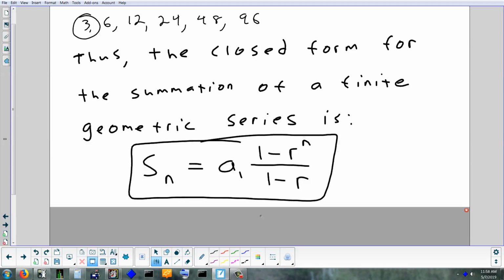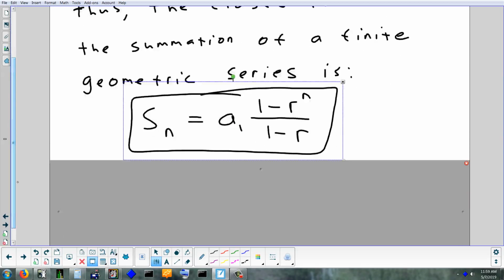So if you want to add up the first n terms, okay, find the nth partial sum, you need the first term times, as a fraction, 1 minus r to the n. Again, where r, we wrote that yesterday, r is called the common ratio. N is how many terms you're adding up.